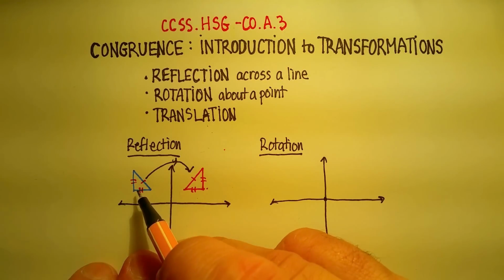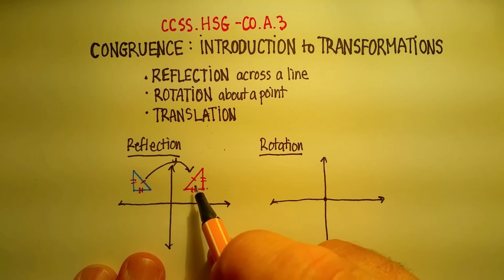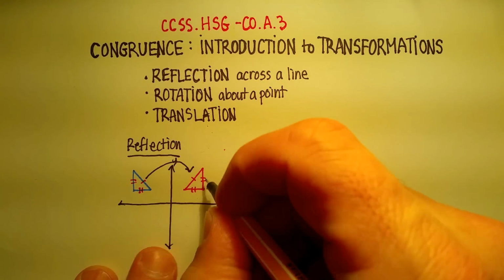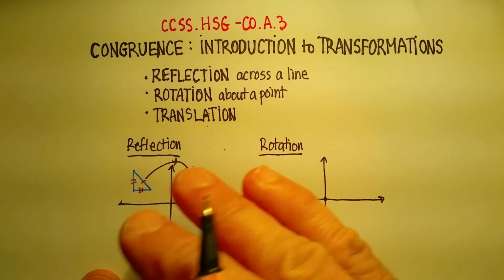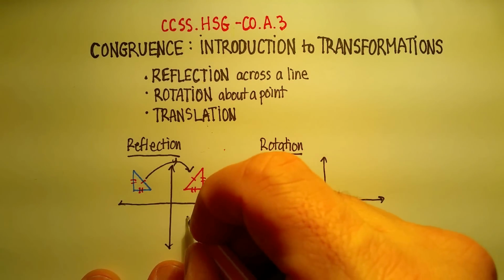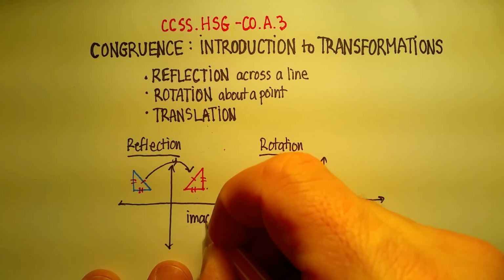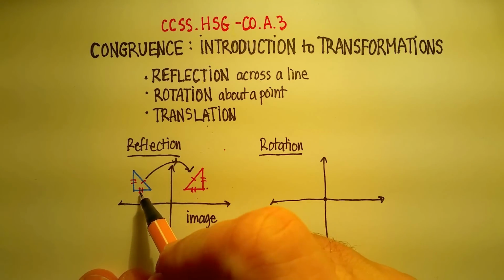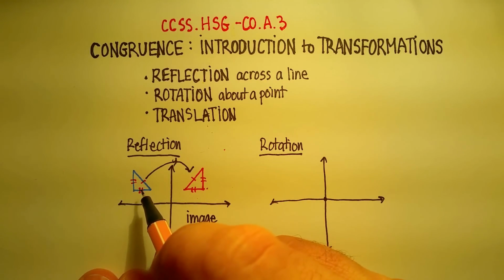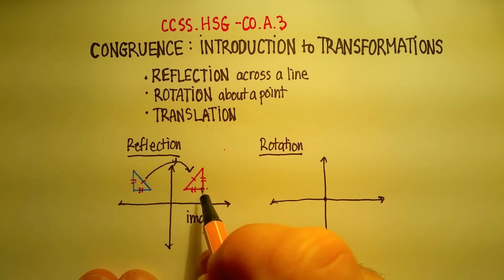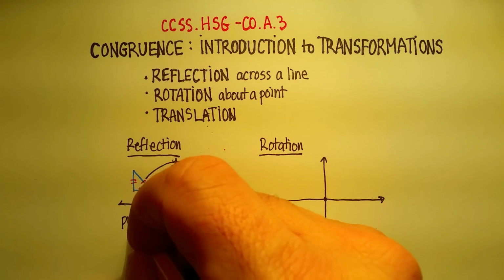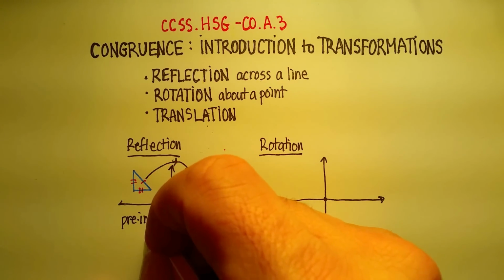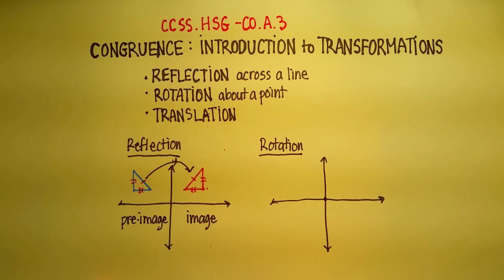When I've taken an object like this right triangle and I've reflected it over here, this red part, once I've made the transformation, once I've reflected across the line, is called the image. And the name of the object before I actually reflected it across the line is called the pre-image. All right, so that's also vocabulary that you should know.